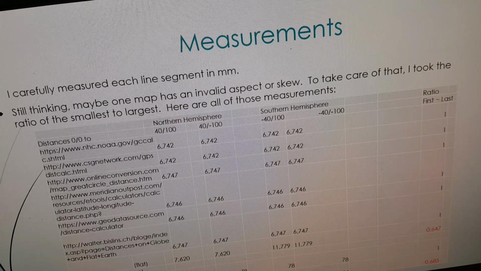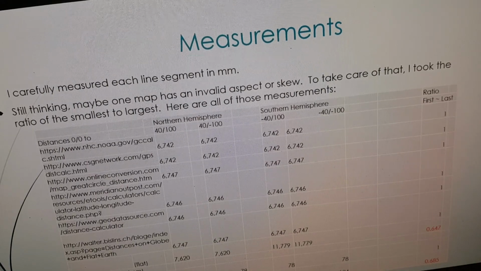So on my spherical map, it's called a Mercator map. You can see that, these are my measurements that I did on the map. I got 78 millimeters for every one of those 4 line segments. So the ratio is 1.